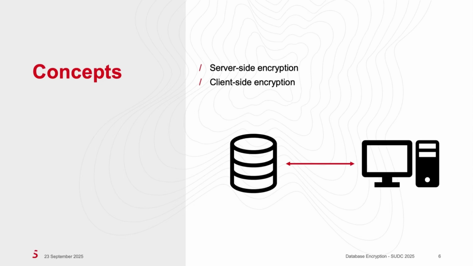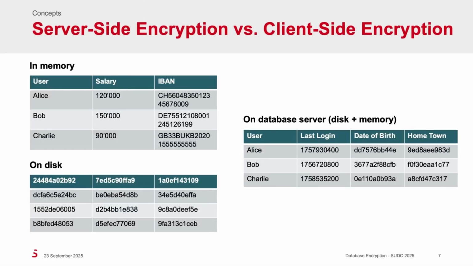If we look at it in more detail, in the case of server-side encryption, because the data is just sent to the server in plaintext, the server will have the data available in plaintext, but once it saves it to disk, it's encrypted, usually symmetrically in some shape or form. Whereas in client-side encryption, the client gets to decide what it encrypts before sending it to the server.